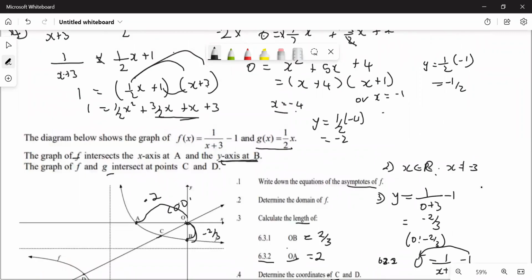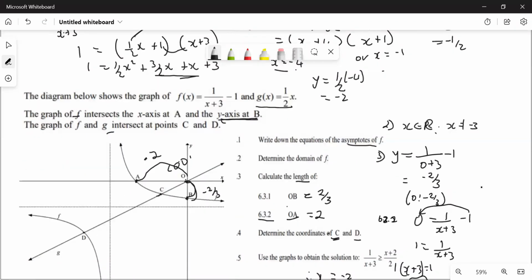Minus 4 and minus 2. Which one should be C? C, so we say, okay, C is going to be minus 1, which goes with minus 1 over 2. Okay. And then what is going to be D then? Minus 4 and minus 2.